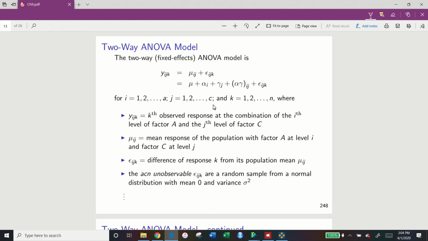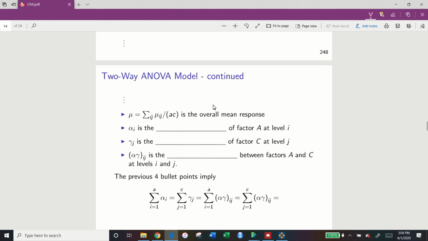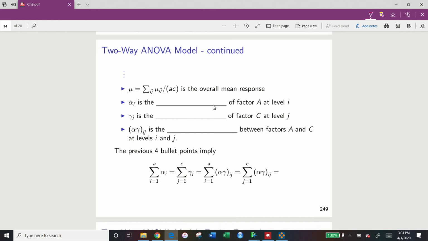The A times C times n unobservable epsilon ijk are a random sample from a normal distribution with mean 0 and variance sigma squared. Continuing on, mu is going to be the summation over ij of mu ij over A times C, and is the overall mean response.